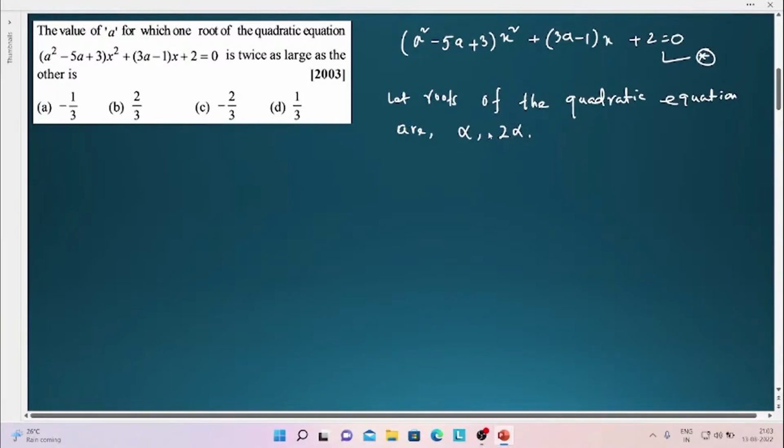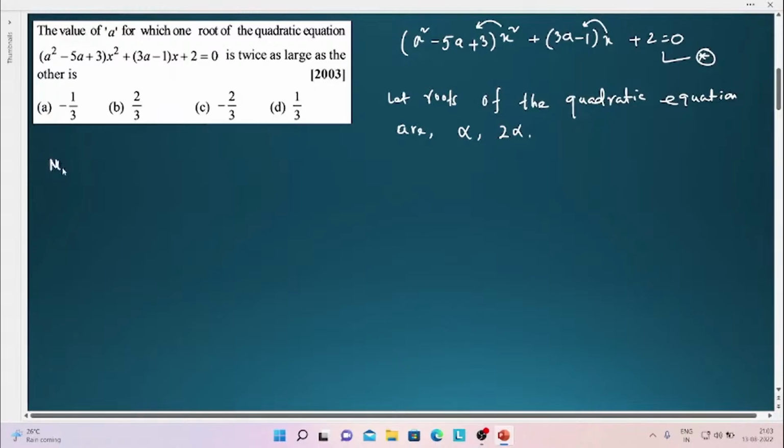Here you can see the coefficient of x square is a square minus 5a plus 3, the coefficient of x is 3a minus 1, and the constant term is 2, right?